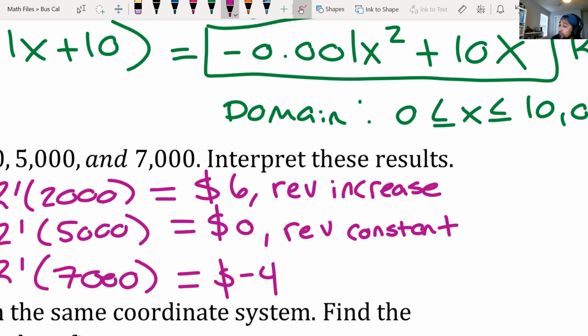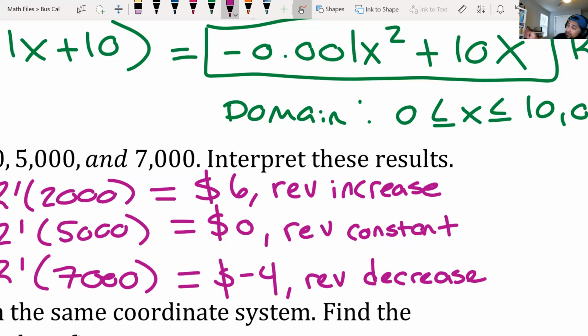And then when we make 7,000 headphones, what's happening to our revenue? Decreases. Revenue decreases. There you go. And everything could be a factor here, right? We just spread out these headphones. They're new, they're popular, everybody wants them. So at 2,000 headphones, great. People love them. They're buying them full price, so we're getting $6 per set of headphones.